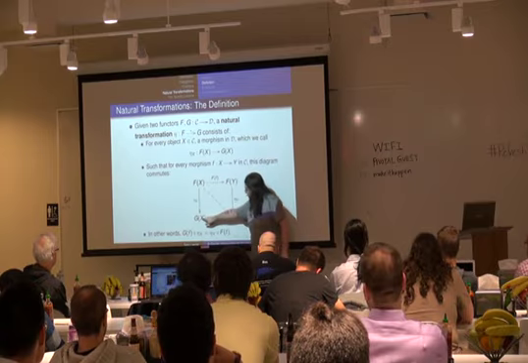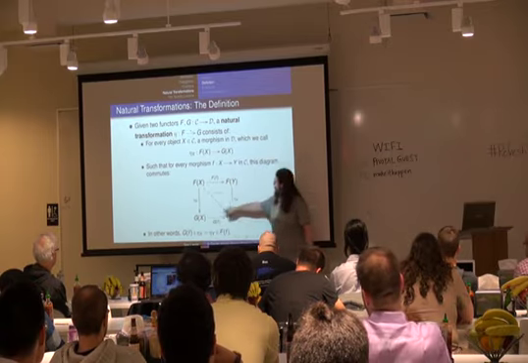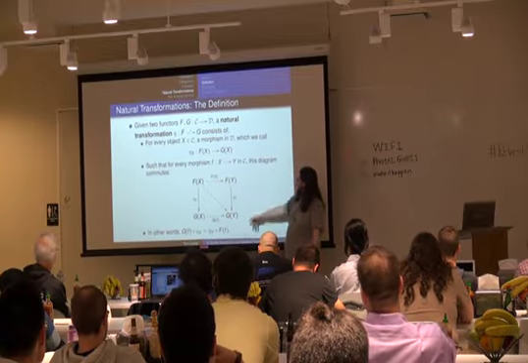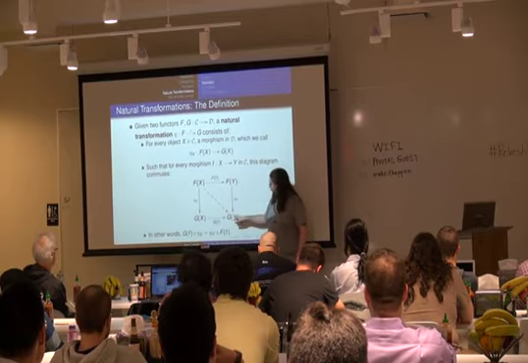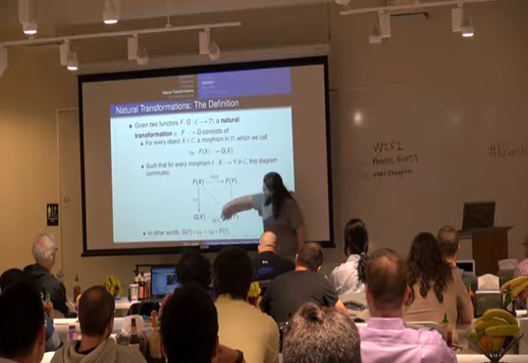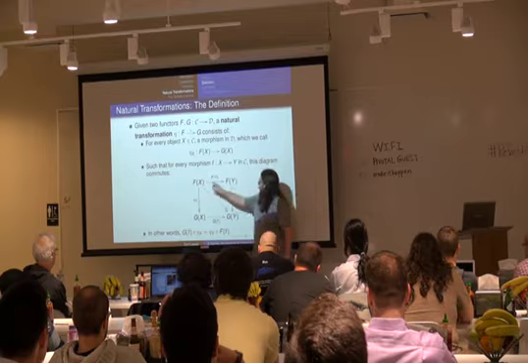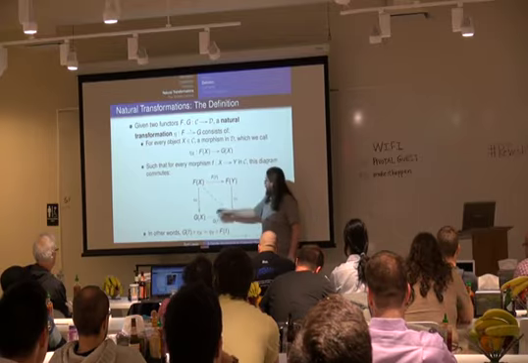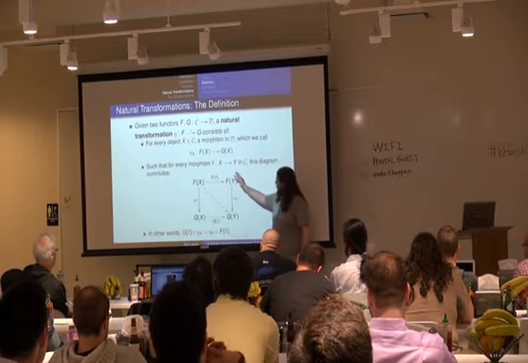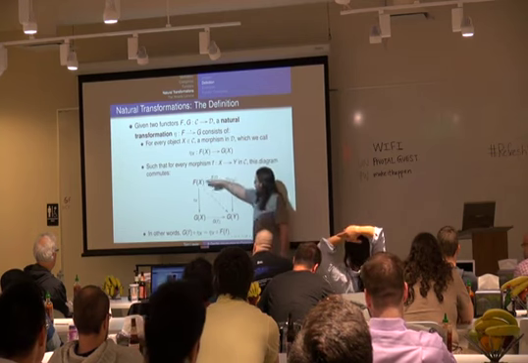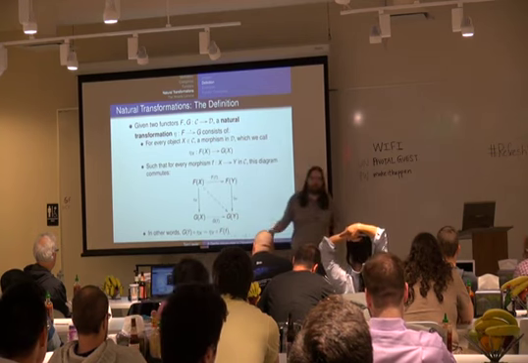In particular, if I go down and then across, it should be the same as if I go across and then down. If I wrote that out as an equation, I would say g of f composed with eta of x is the same as eta y composed with f of f. That's what it means for this diagram to commute: both paths are the same.